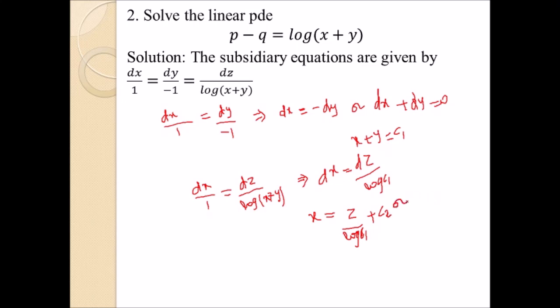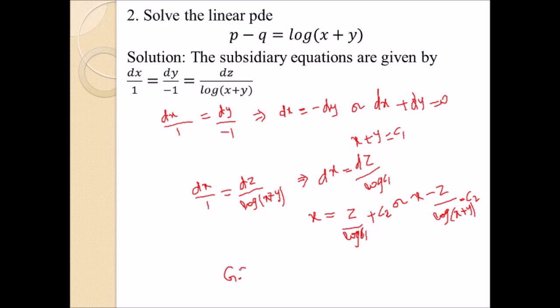Or I can write x minus z by log of c1. I can write back as x plus y is equal to c2. So now I'll move to the general solution.